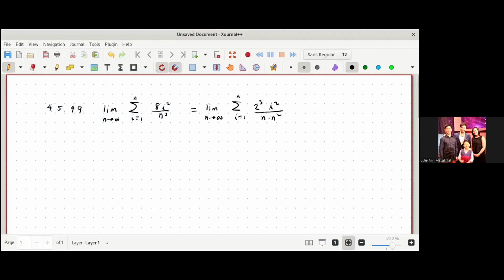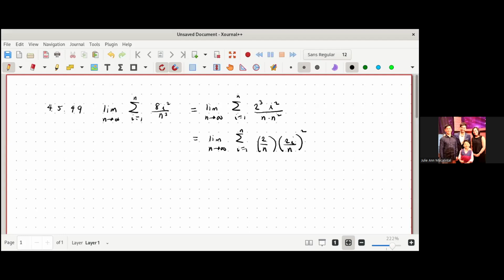N square. Tapos, yung 2 cube, mukhang may pwede mo pang isama din yan sa grouping eh. So, 2 over n, 2i over n square.